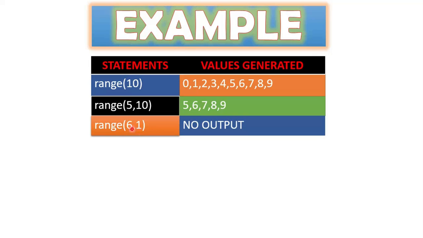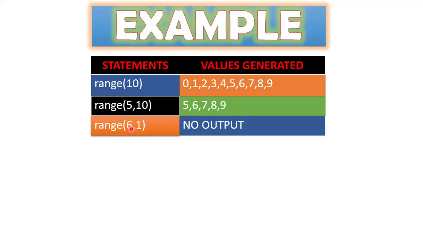No, because here my starting point is 6, then after +1 it will be 7, then after +1 it will be 8, then 9, then 10, then 11, then 12, then 13. So there is no point when I will reach 1. So that's why it is giving me no output here.